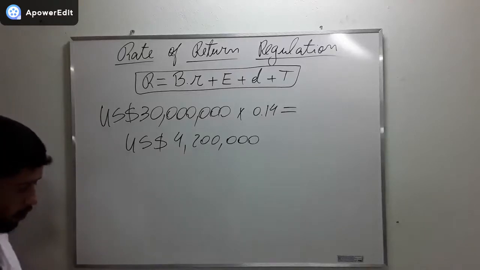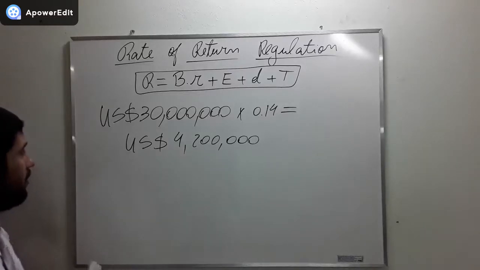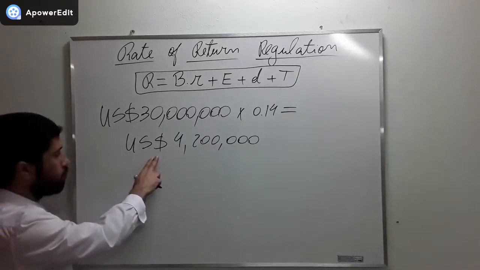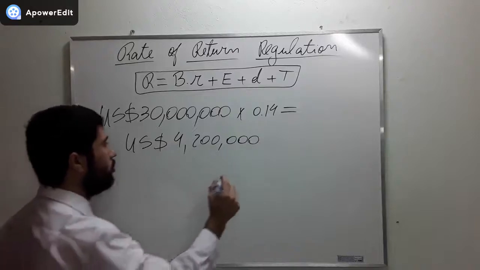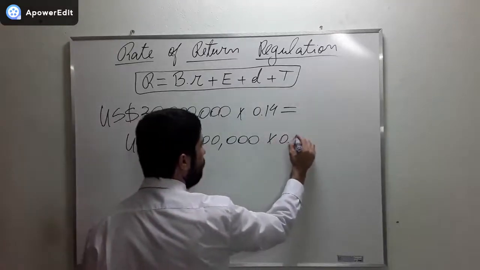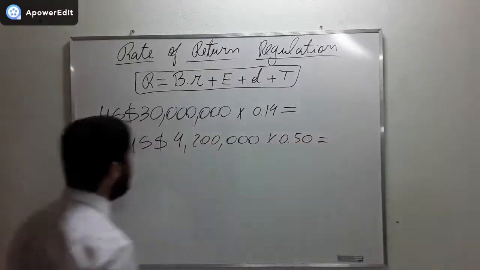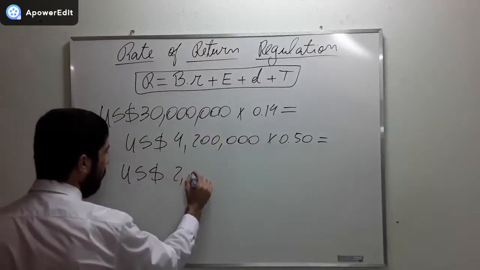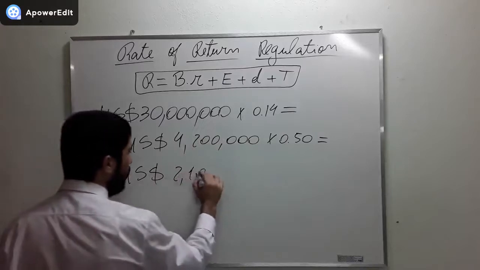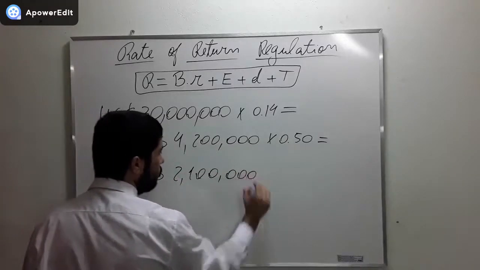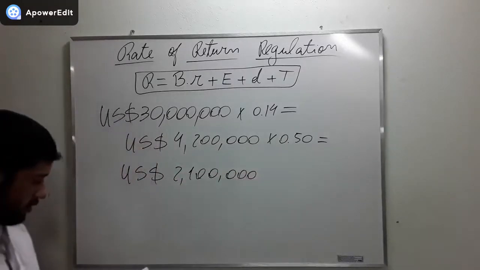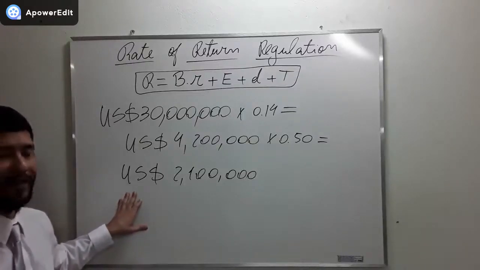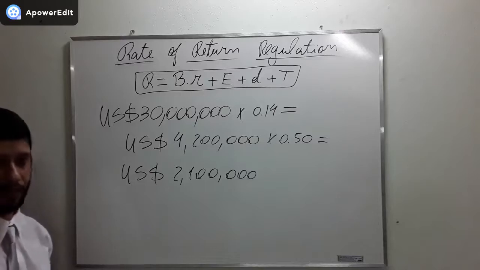The second result is this. The exercise says that 50% of this is equity. So if we multiply this by 0.50, we get, in American dollars, 2,100,000. So this is the amount of money that we are going to profit after tax.